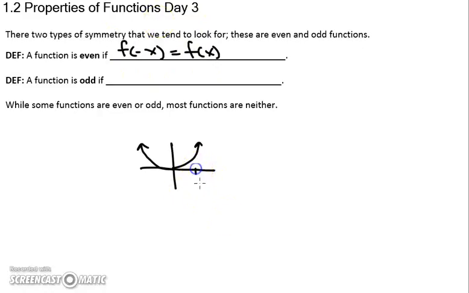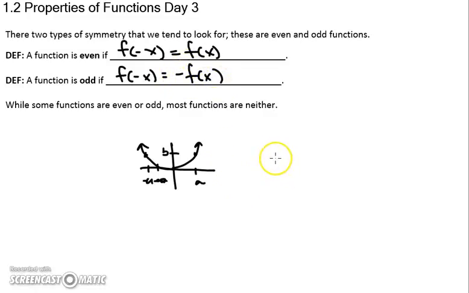So if we had, say, a value a and we had some y value b, negative a would have the same y value. So if you take the positive and negative x values, plug them in, you're going to get the same y value out.